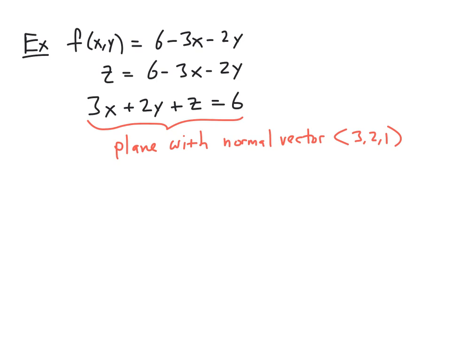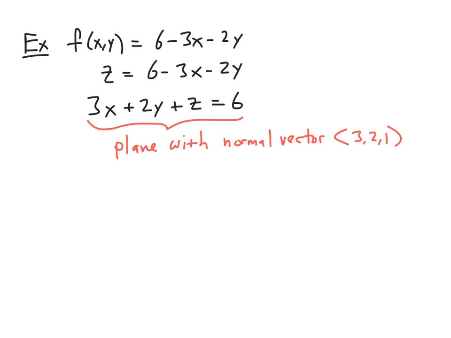But at least in this case, we know what the graph is going to be. It is going to be a plane, and we can use the normal vector to figure out what the graph would look like. So we've seen these two examples where we've been able to rearrange algebraically the equation for the function, and recognize the forms of the equations.